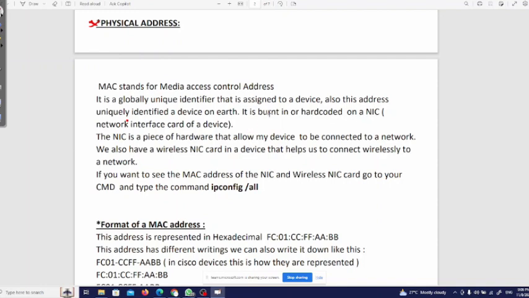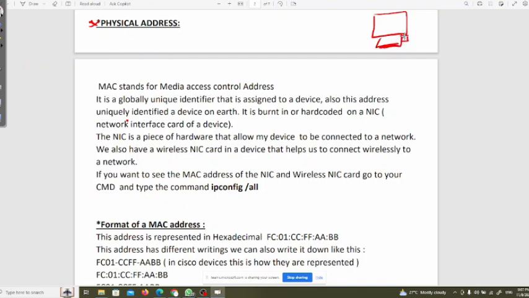So when vendors or manufacturers create devices such as laptops and computers, let's say we have a computer like this, that computer will come with what we call a network interface card.